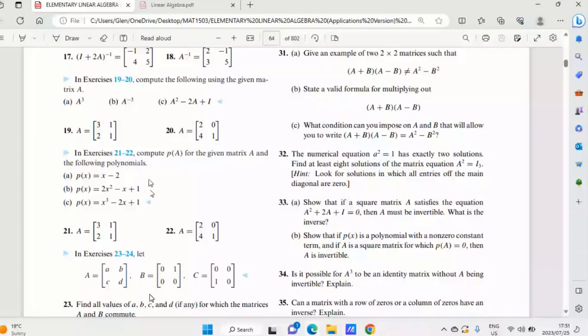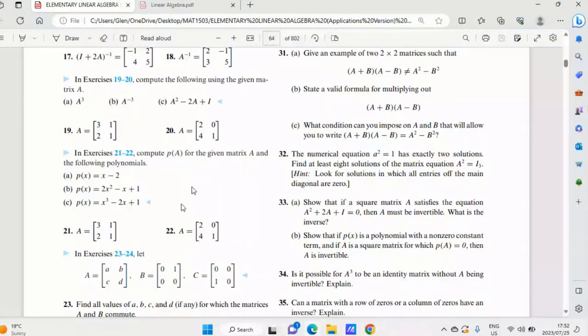Then I subtracted 2 times the matrix A, which is 4, 0, 8, and 2. Then I added 1. Because 1 is not a 2 by 2, I multiplied 1 by its identity, which is 1, 0, 0, 1.